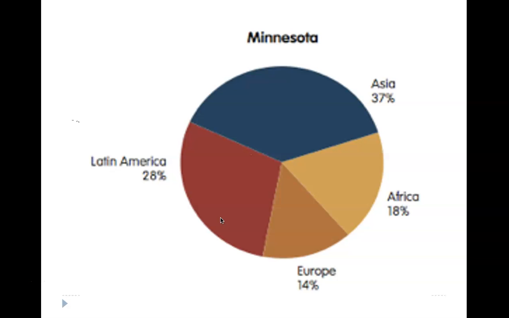Right, we look at Minnesota and we see a breakdown there, right? 14% from Europe, and then we see the sending regions thrown in there as well. And we think of Europe, think of the Russian immigrants cluster in Shakopee as a good example of something next to you in your area, right?